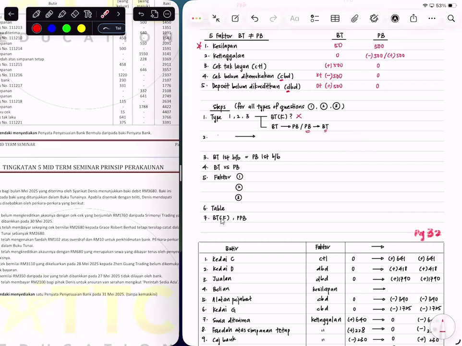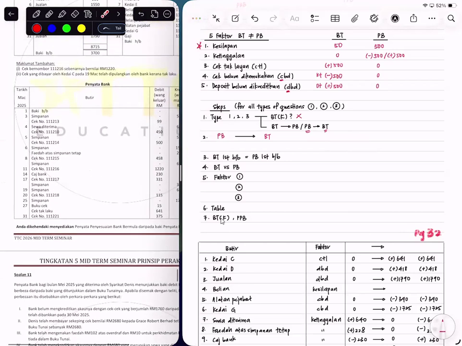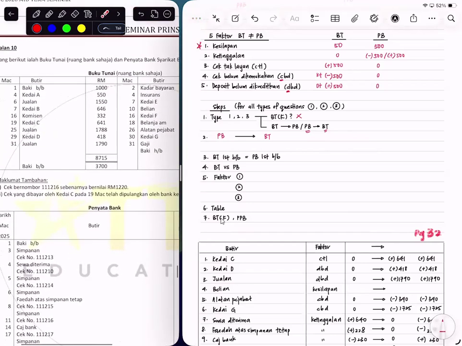Then you need to figure out what is the value of your starting point. What's the value for your final answer? And in this step, remember, always take the latest value, the last value, and that is the latest Baki BB. Latest Baki BB means next month Baki BB, especially for your buku tunai.